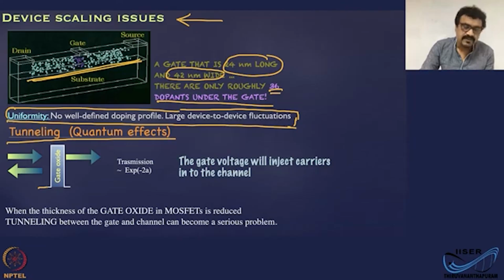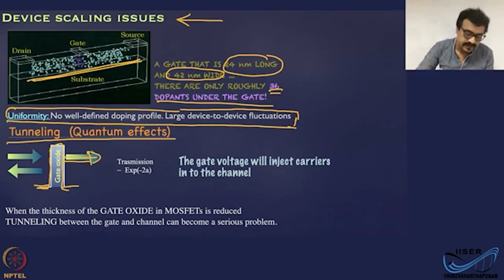And quantum mechanics has a very interesting phenomenon called tunneling. Even if you try to stop the electrons by creating a barrier, you have a non-zero probability of the electron tunneling through the barrier or traversing the barrier.